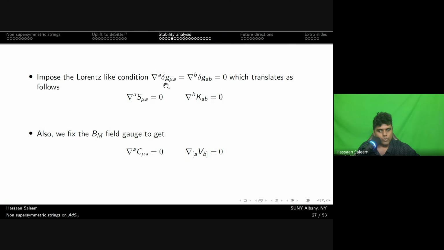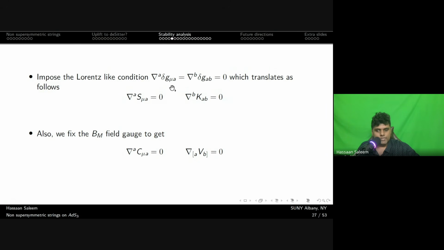Any field that has an index over S3, which means it has either A or B, if you contract that with the covariant derivative, then that has to be 0. So it's a bit like Lorentz gauge. For example, the metric G mu A has this A index. If you contract it with the covariant derivative, then it has to be 0, and similar is the case here.